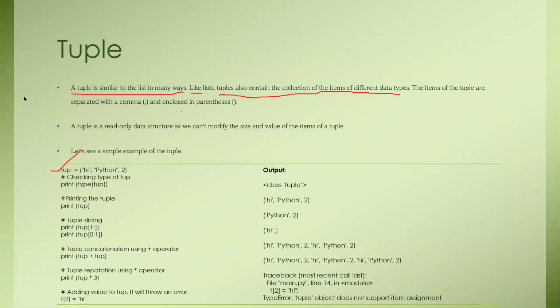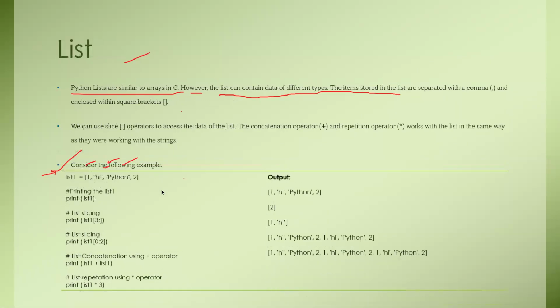Let's say I just declared the tuple here with 3 items, which means this is the final list of items you can have. You cannot add more items, delete, or change the values. So if you want to create a read-only list of items, you can use a tuple. If you want to maintain a list of items which can be modified, which are mutable, you can use a list.